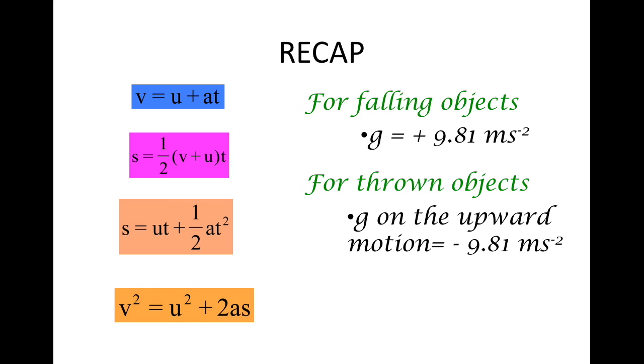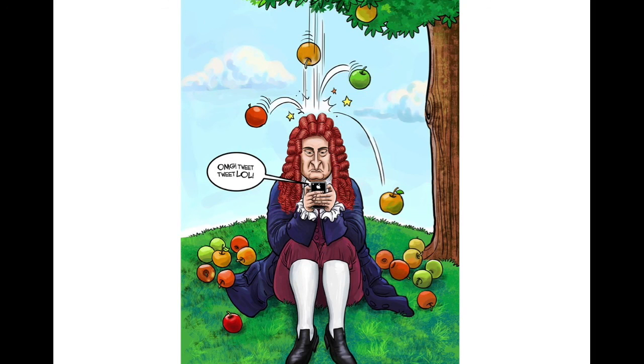If it is going down towards the ground, it is a positive 9.81 meters per second squared, and if it is going upwards in its motion, it is a negative constant. We also learned that the time that an object travels up is equivalent to the time that it travels down from the beginning to the end point. All right, so that's it. Be ready to use this information in class.